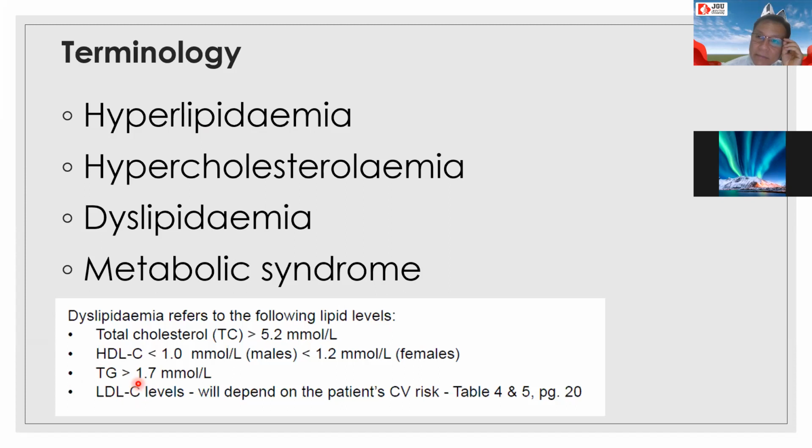But in pharmacotherapy we have our own definition and criteria, and different cardiovascular risks have different LDL criteria. In the UK, they like to use the ratio between total cholesterol and HDL. If you follow the UK guideline, like the NICE guideline, they always mention the ratio of total cholesterol over HDL.